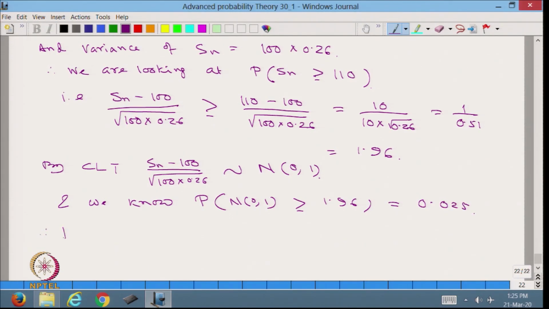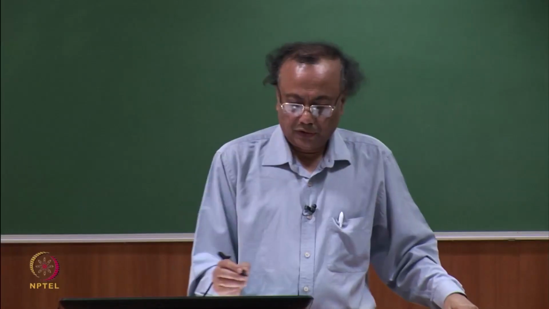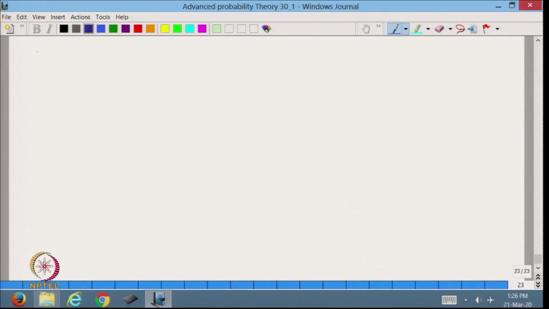Therefore, the probability that the teacher will take 110 hours or more is equal to 0.025. So, before we conclude, let us have one more example.